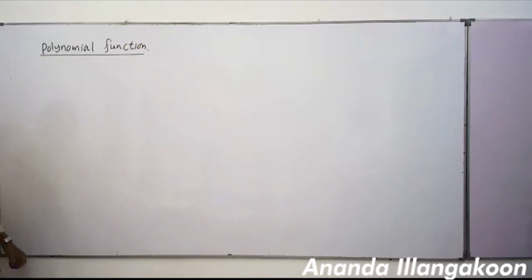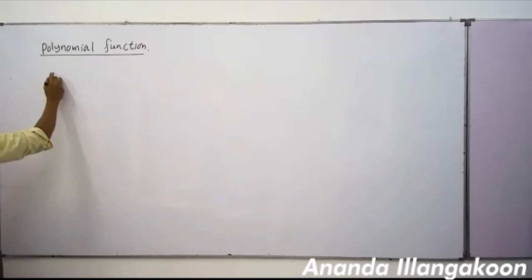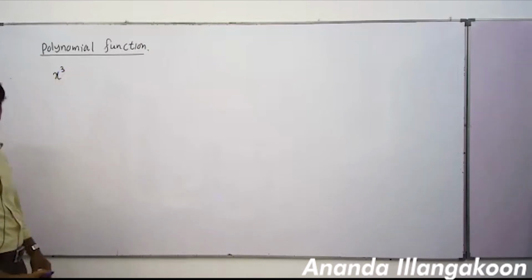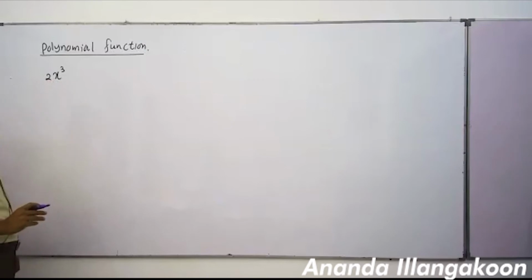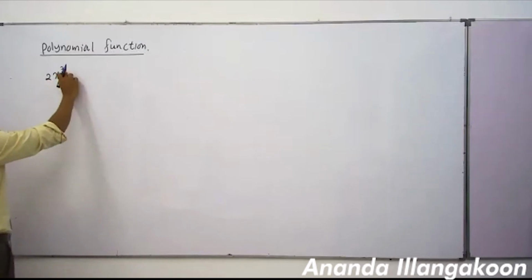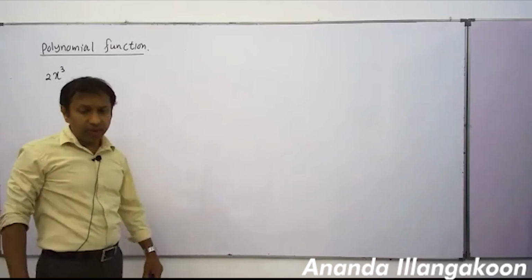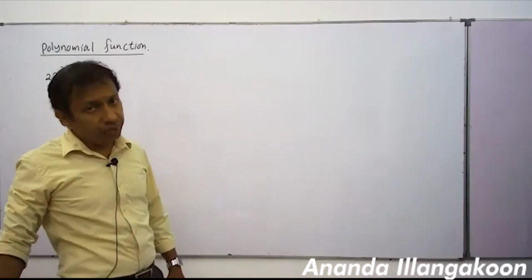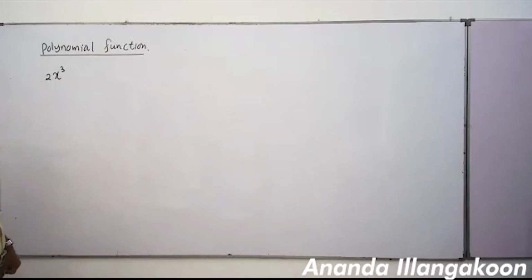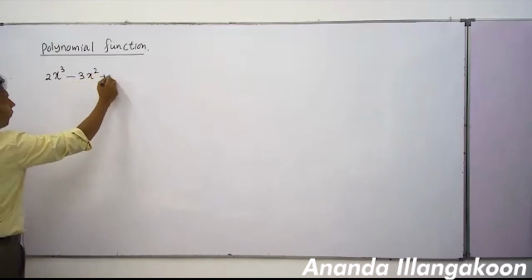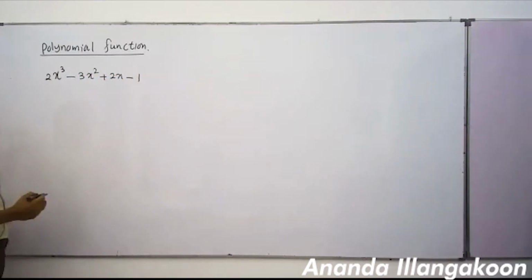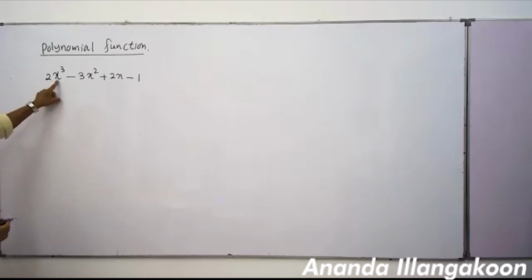Okay, polynomial function we define something like this. We have x as a variable, it has powers which are positive integers or 0, and it has coefficients which are real numbers. This is an example of a polynomial function. It contains x, the variable.